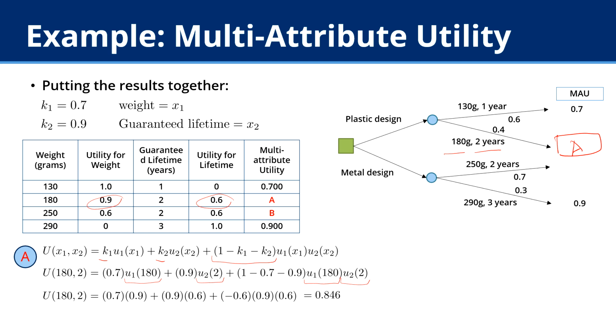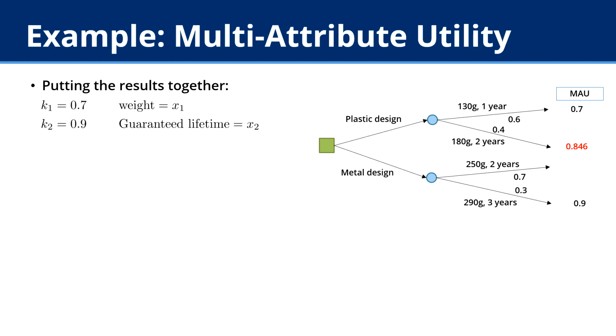So this node here is going to be 0.846. The next step is to figure out this value, which is labeled as B right now, and that's what we'll do next.